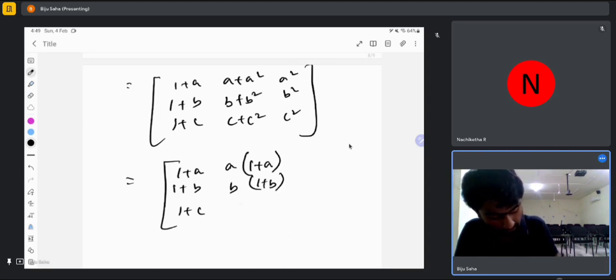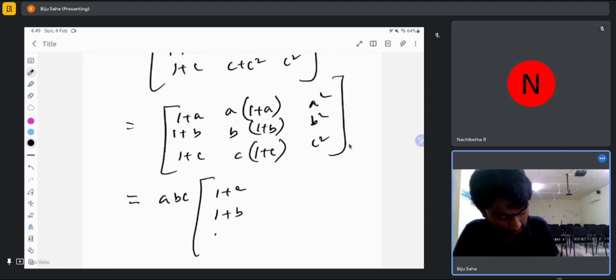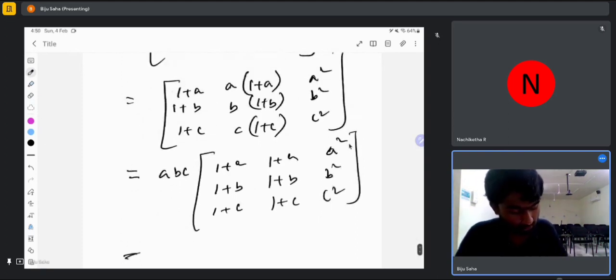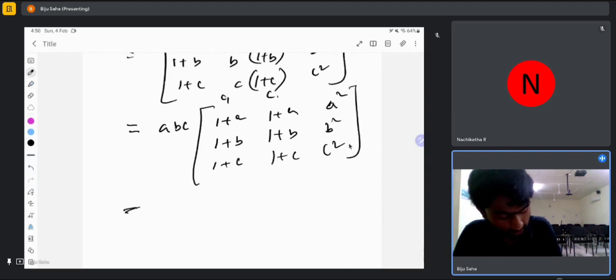Then I can pull out abc from this second column. So this makes column 1 and column 2 identical.